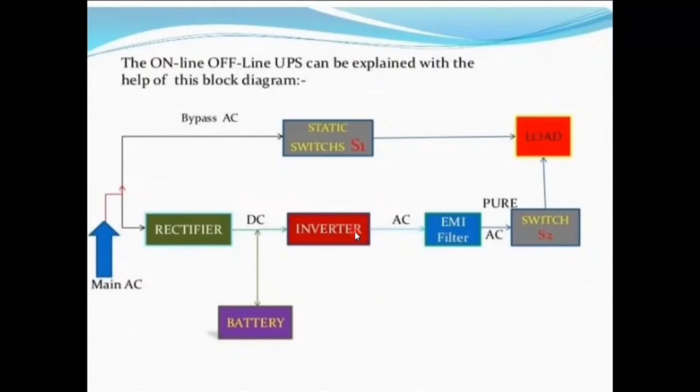Then the inverter is DC to AC. Here we connect the EMI filter, which gives pure AC. That switch is S2, the static switch. And this one is the load, and this is switch 1. Okay, already we have discussed. Clear?